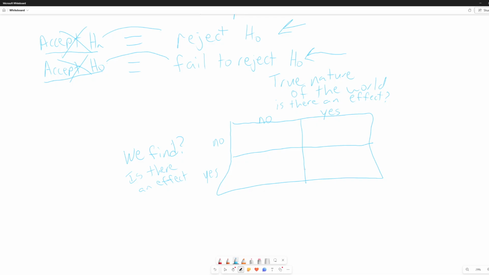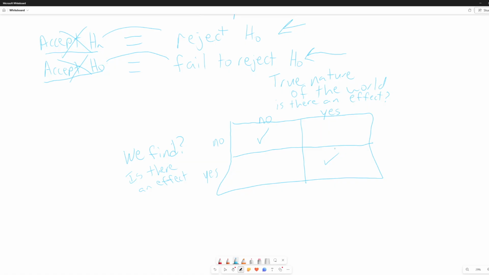Now, I always ask my students, when did we find the correct thing? And they always say, right here, we found the correct thing. And down here, we found the correct thing, because the yes is matching up with the yes, and the no is matching up with the no.